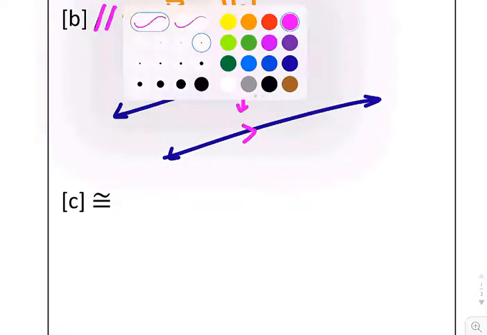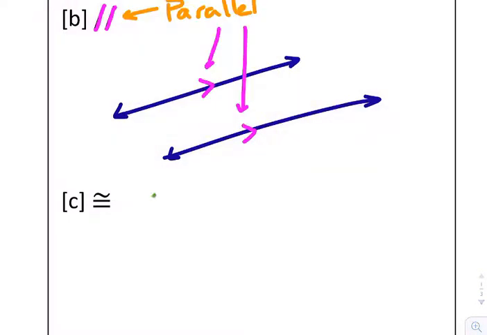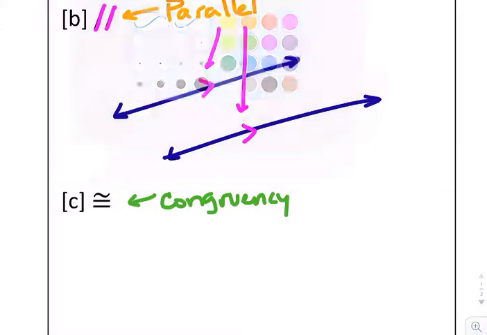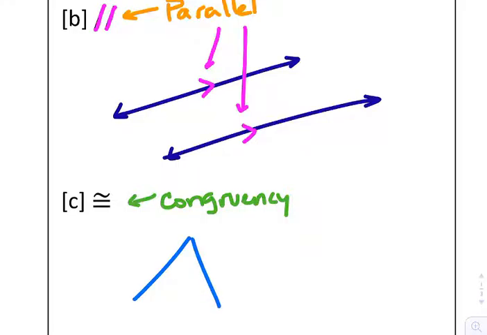Please recall that this symbol means congruency. Congruency refers to things that have the same distance or same length. So in an example such as, say, an isosceles triangle, we know that these two pieces are congruent, so those are marked using those tick marks, and that means the same as that in notation.